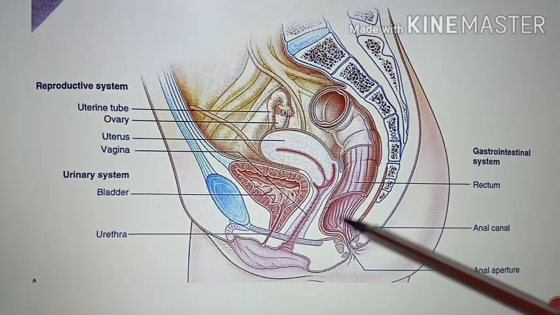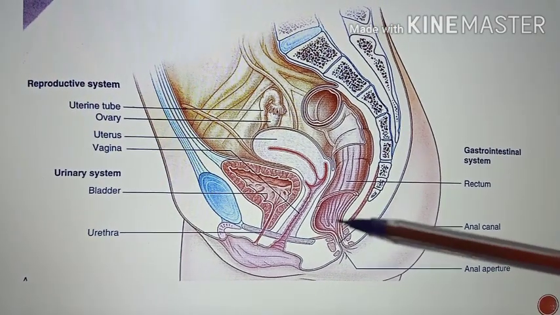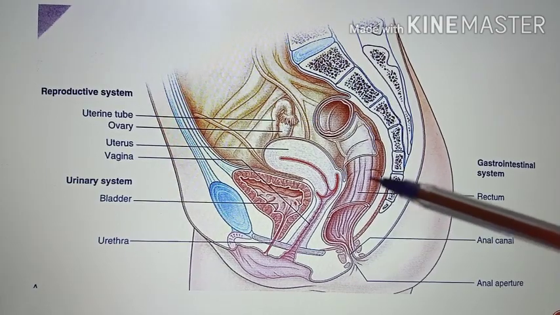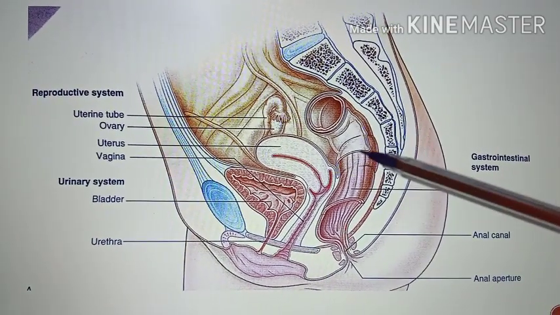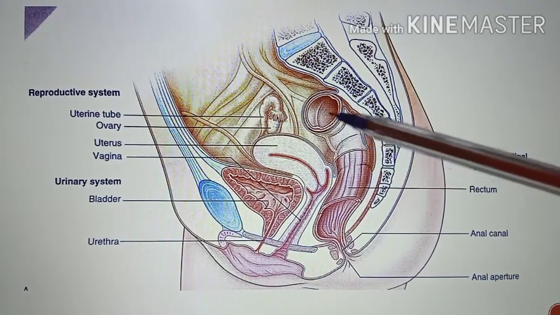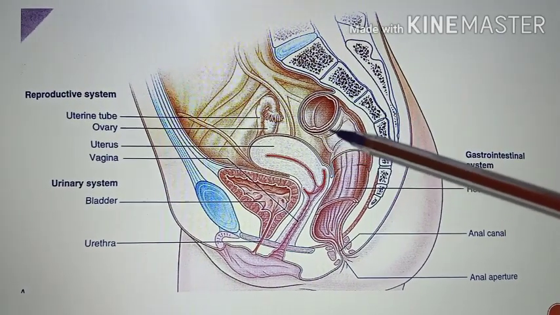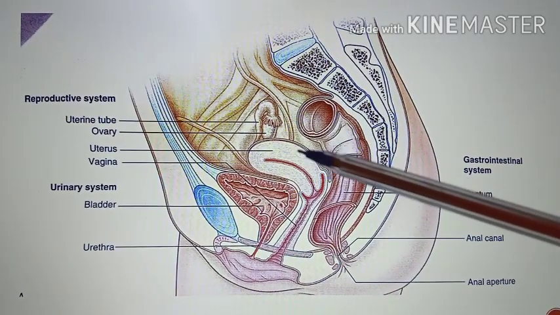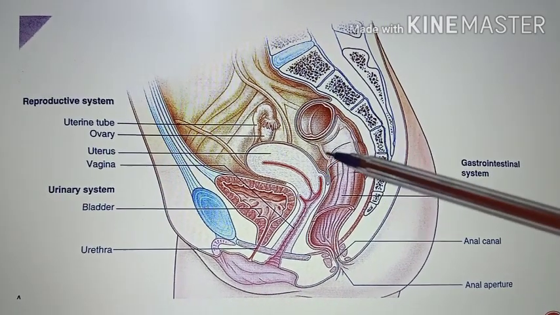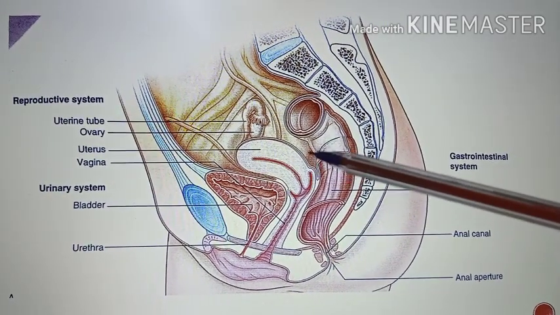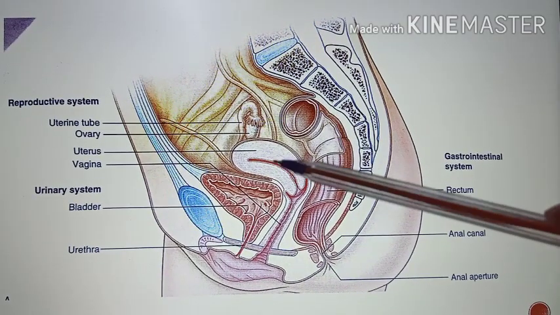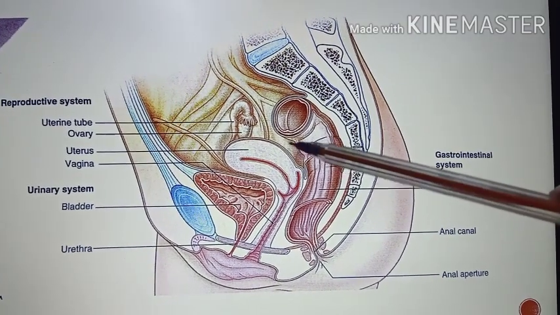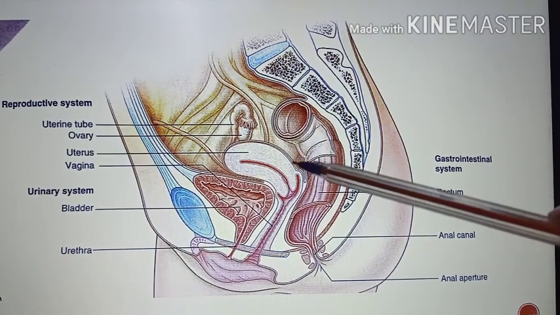So this is the female pelvis. Here you can see the anterior visceral relations of the rectum. The upper 2/3 of the rectum in females is related anteriorly to the pouch that is called the rectouterine pouch. So this is the rectum, this is the uterus. The pouch present here is the rectouterine pouch.